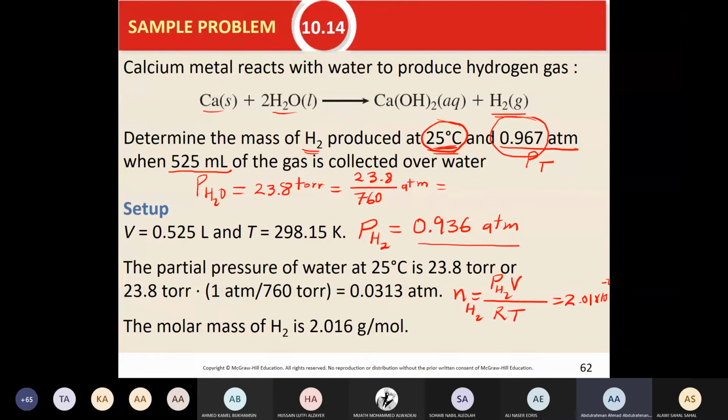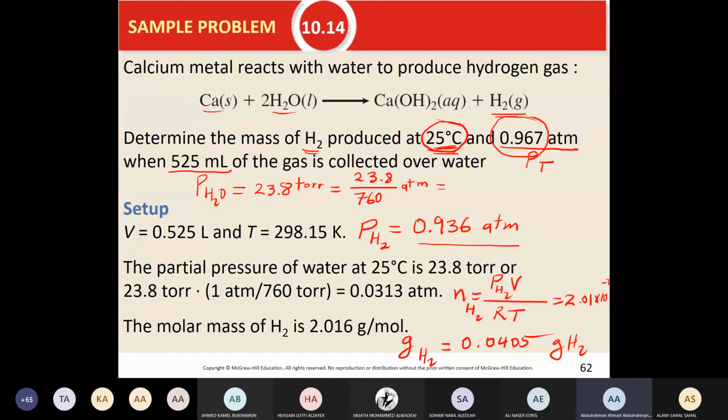Can you change this to how many grams of H2? Multiply by the molar mass. Yes, not divide. Multiply by the molar mass of H2. 0.04. Who else got the same answer?